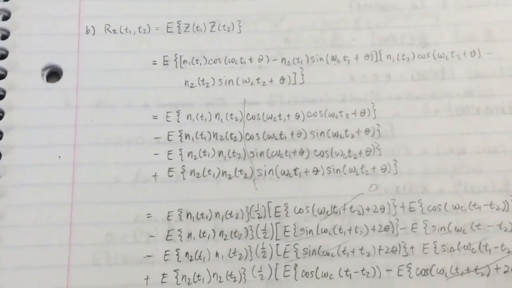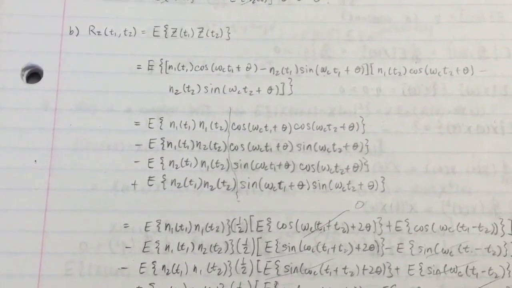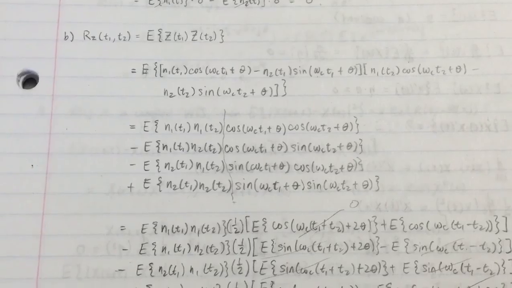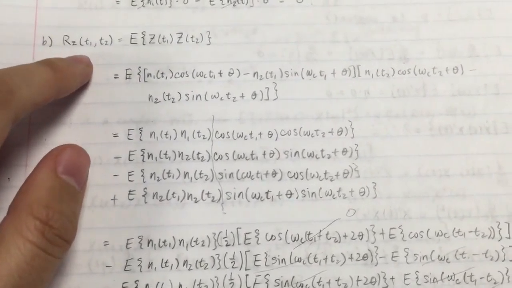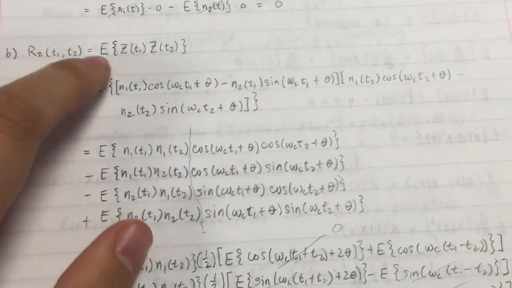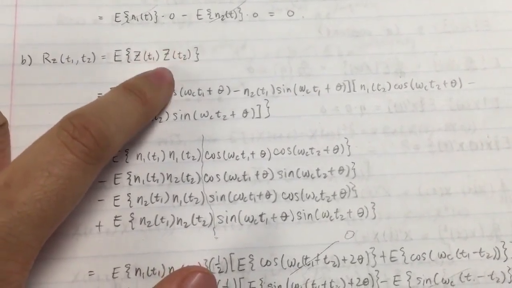So part B asks to find R_Z(T1, T2), and then asks if Z(t) is WSS. R_Z(T1, T2) equals the expected value of Z(T1) times Z(T2).